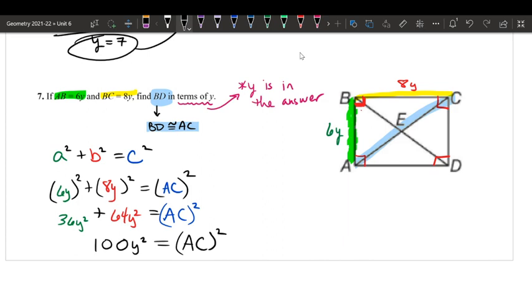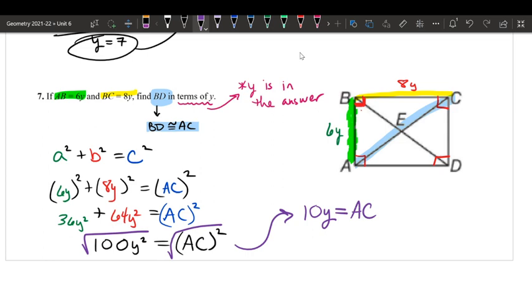But I don't want AC squared, I want just AC. So to get rid of the squared on the AC, I'm going to take the square root of it. And if I do it on one side, I have to do it on the other side. So the square root of 100 is 10, the square root of y squared is y, and that's going to equal AC.